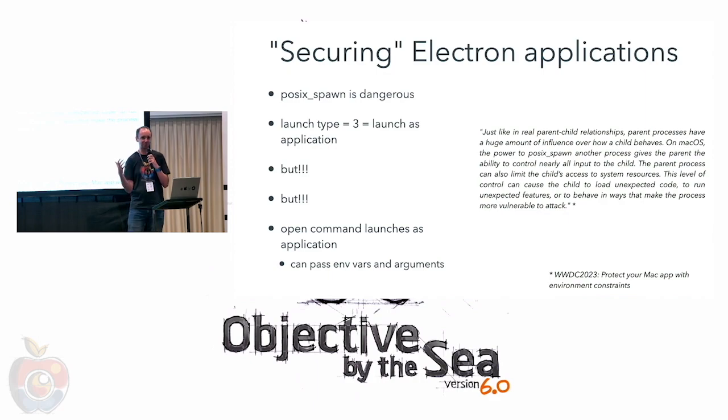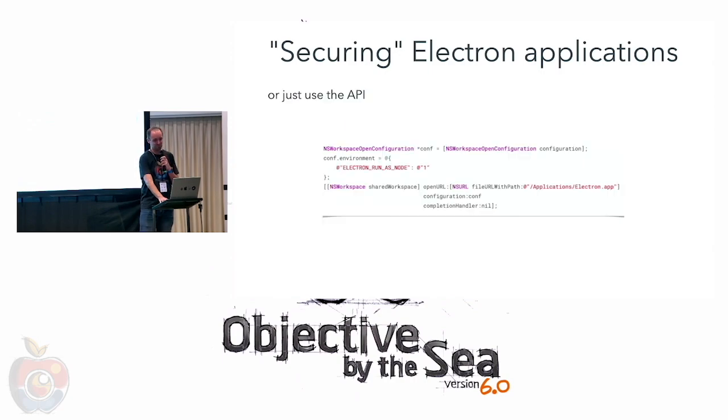We cannot protect Electron apps with this, because we can control their execution environment. I think the most commonly exploited approach is controlling the application with environment variables or command line arguments. So again, it doesn't solve the problem. Or you can just use the API.